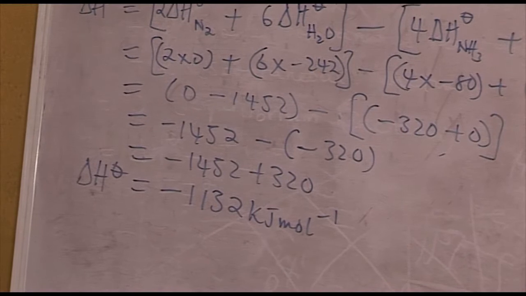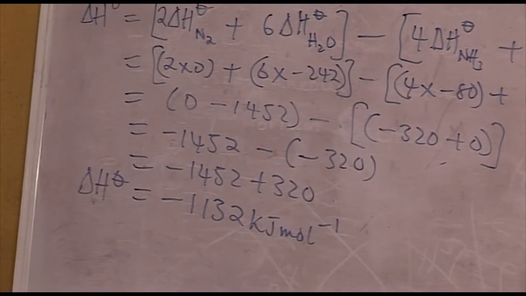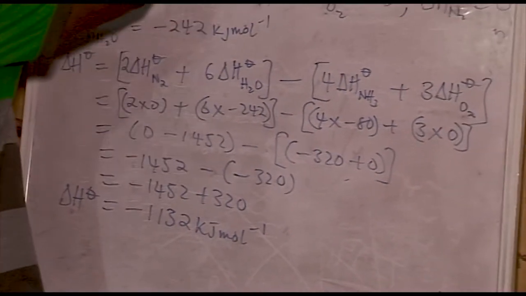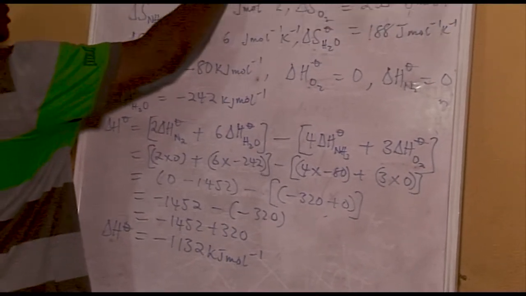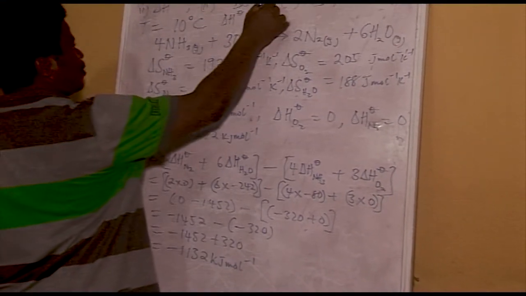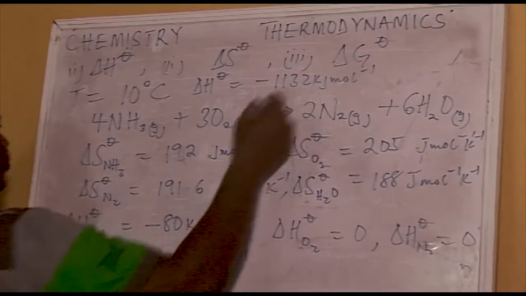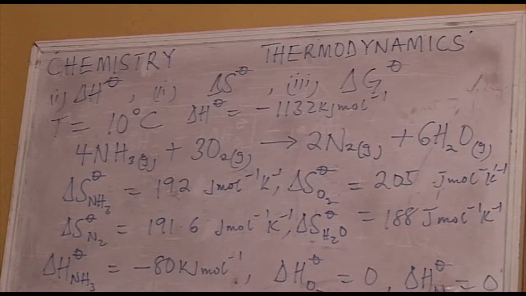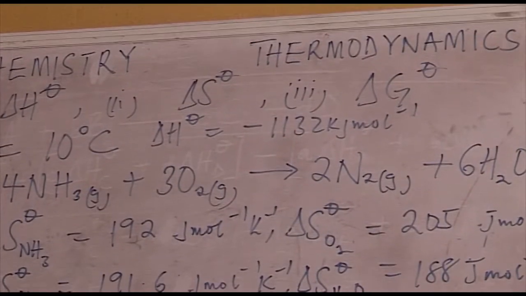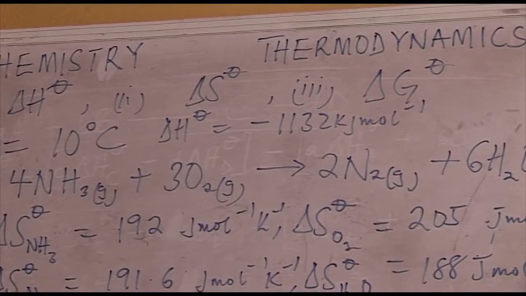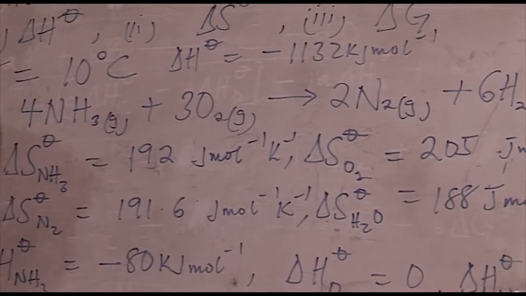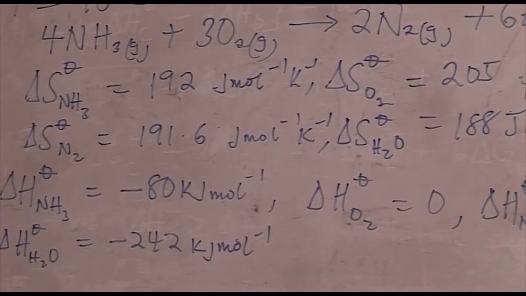So we have got that of our enthalpy change, and we can proceed to calculate the entropy change. So I will write our answer here. So let's calculate for the second one, the standard entropy change.